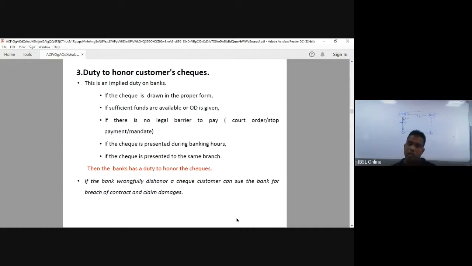Now the customer has sufficient funds, or he has been given an overdraft. Now the second condition is also fulfilled.